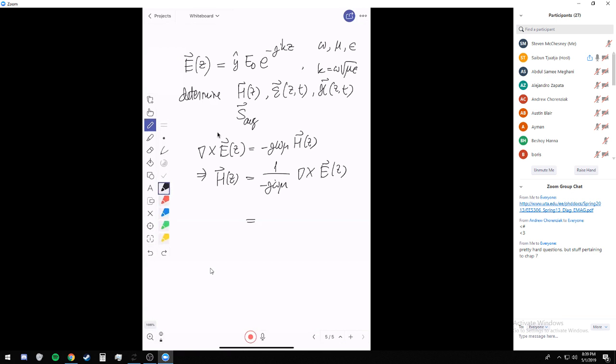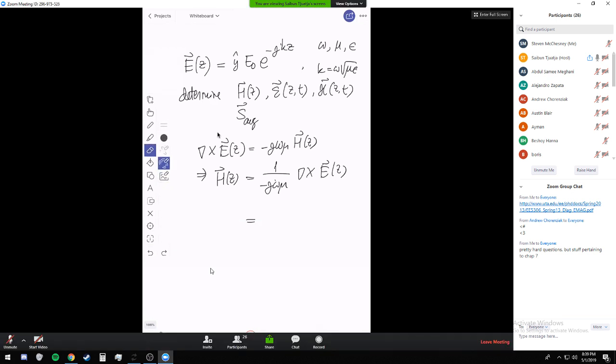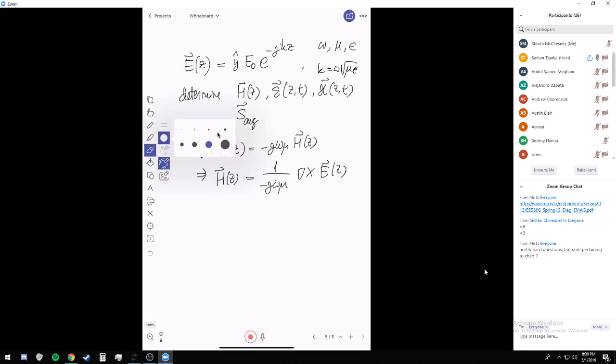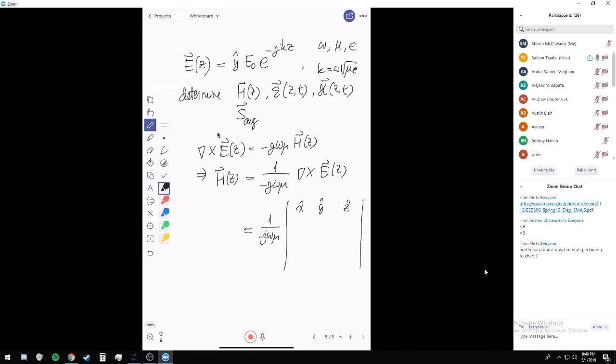So this equals 1 over minus j omega mu. Of course, make sure you still remember how to do complex numbers. The curl operation in rectangular coordinates is very simple. I have x hat, y hat, z hat. Oh, by the way, this is calculus 3. Inside I have the partial derivative with respect to x, with respect to y, and with respect to z.